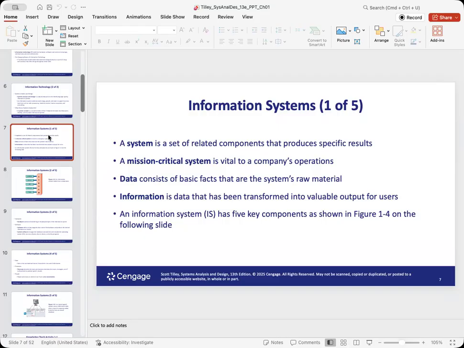And then we also have data, which consists of basic facts that are the system's raw material. But what is data?